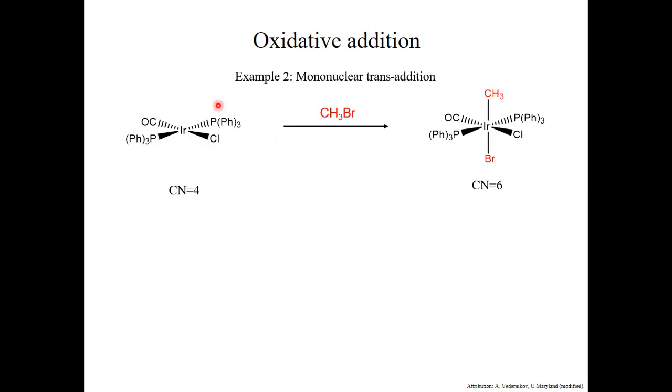We have previously determined already the oxidation number of iridium here, which is +1. Here the oxidation number of iridium is +3 because the chloro ligand counts as an anionic ligand.